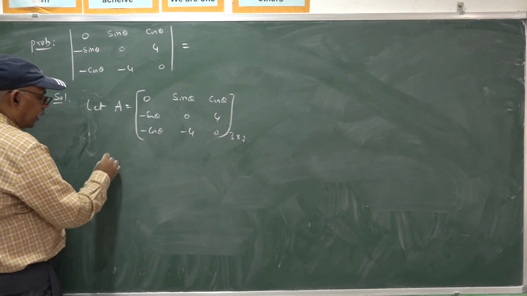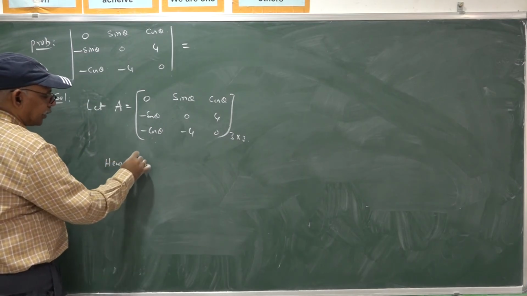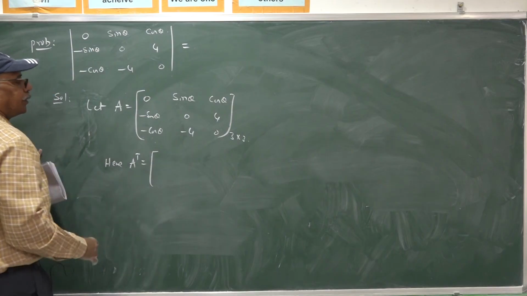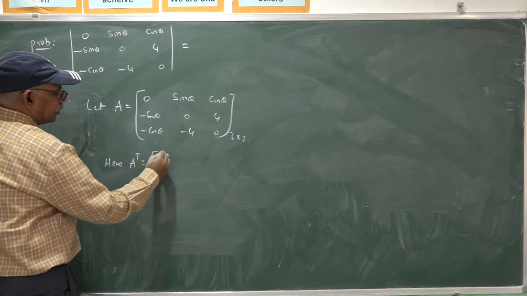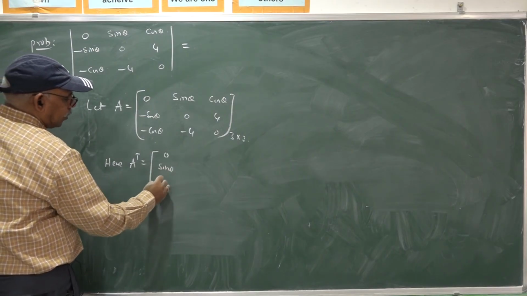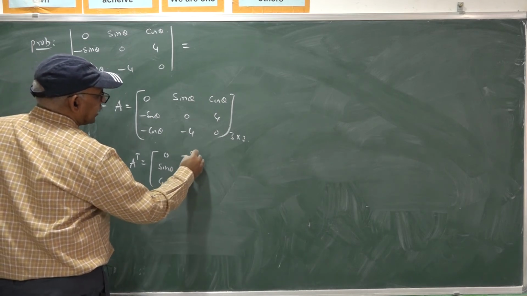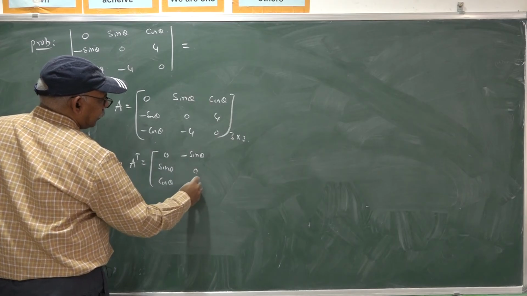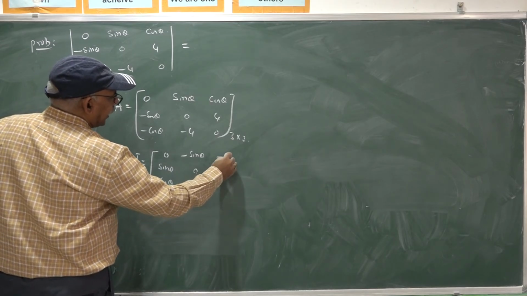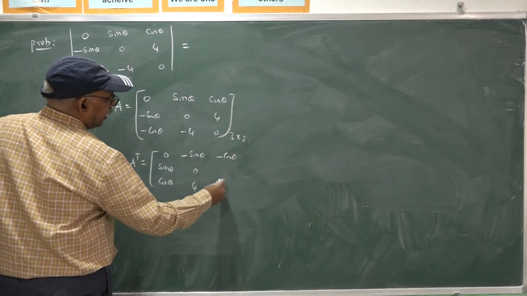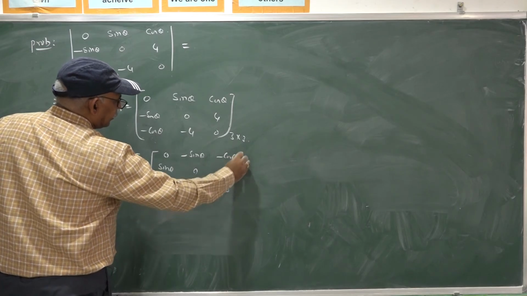Moreover, here A transpose. What is A transpose? 0, sin theta, cos theta, and minus sin theta, 0, 4, and here minus cos theta and minus 4, 0.